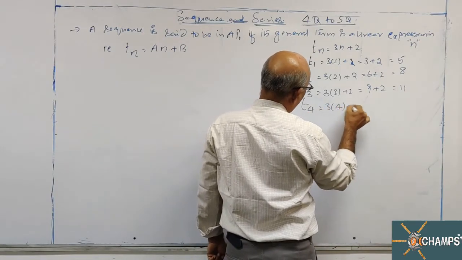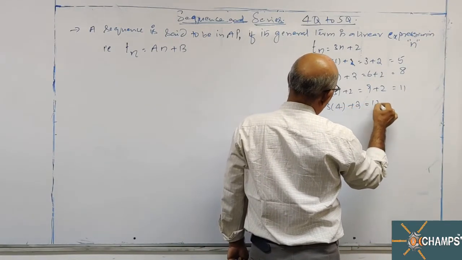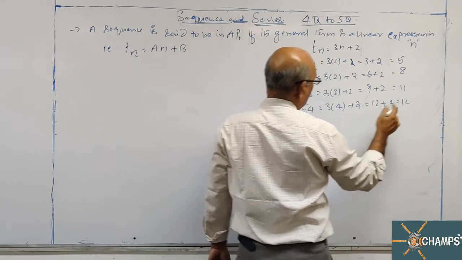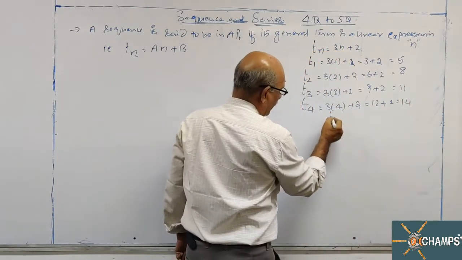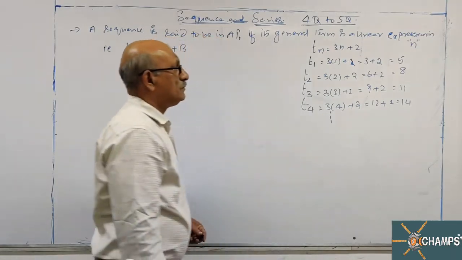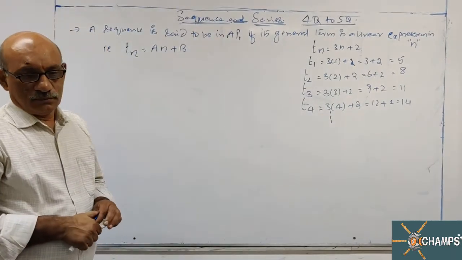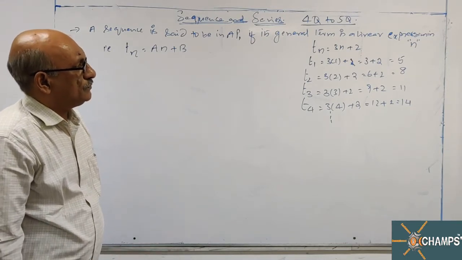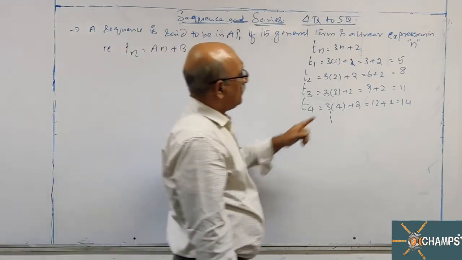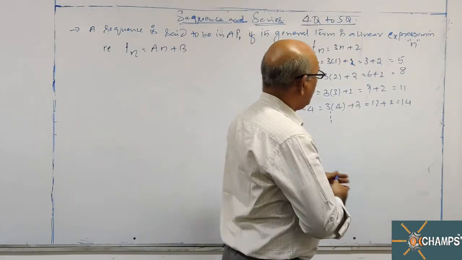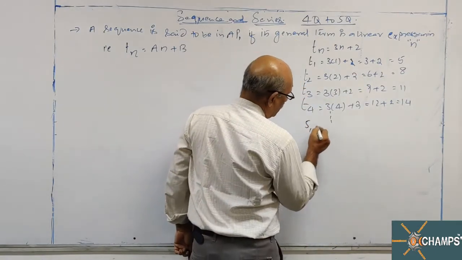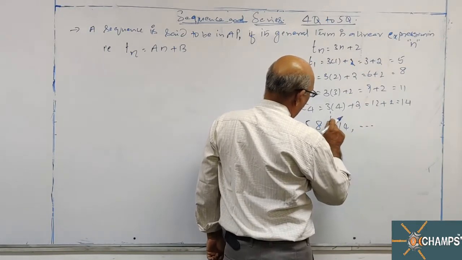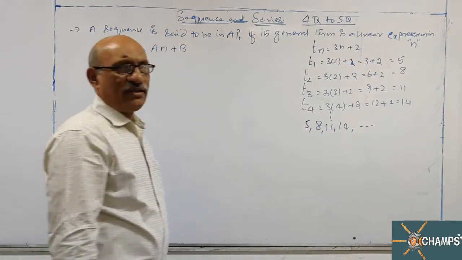T4 is equal to 3 into 4 plus 2, 12 plus 2, 14, etc. Let me write the sequence: 5, 8, 11, 14, etc.